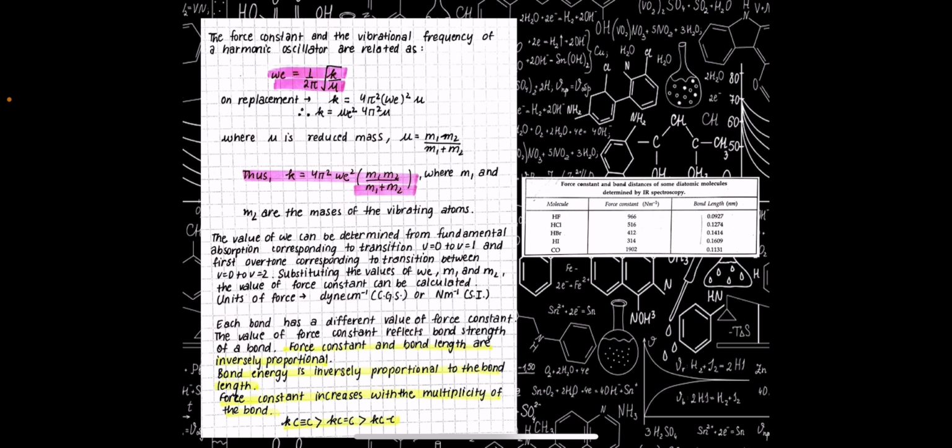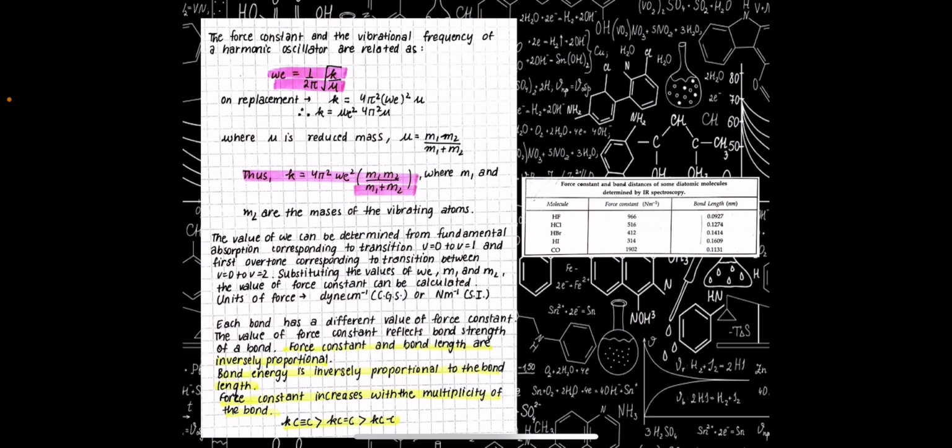It is clear from this table that as the force constant increases, the bond distance decreases. Further, the bond energy is inversely proportional to bond length. So this table also reflects the bond energy of the halogen acids as HF is greater than HCl, greater than HBr, and greater than HI.